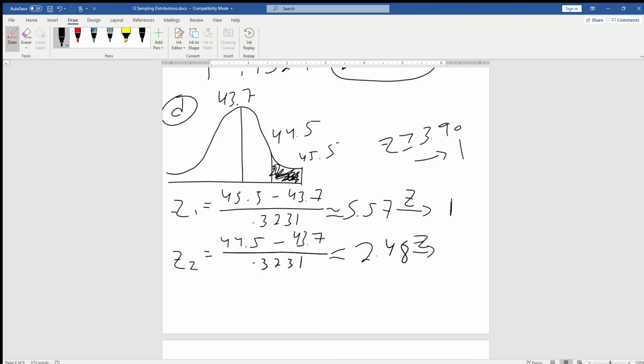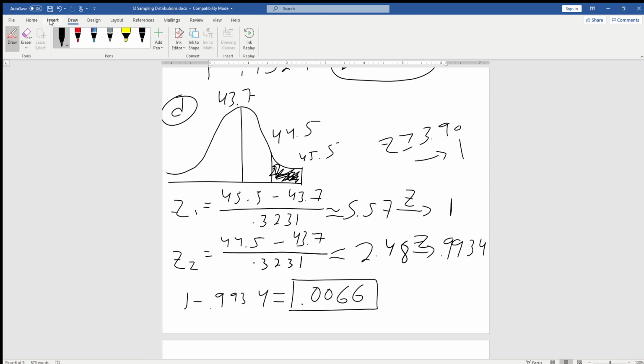For 2.48, I go into the z-table and I get 0.9934. Finally, for a between area, 1 minus 0.9934 should be 0.0066 for the probability.